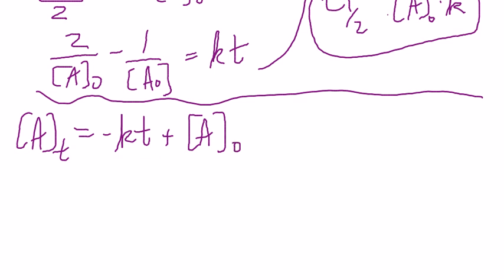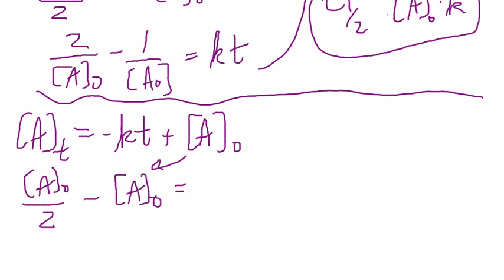If we do what we did again, and we substitute A at time T for A naught over 2, and then bring this over to the other side, minus A naught, we now have A naught over 2 minus A naught is equal to minus KT.